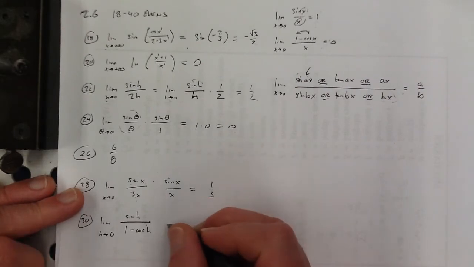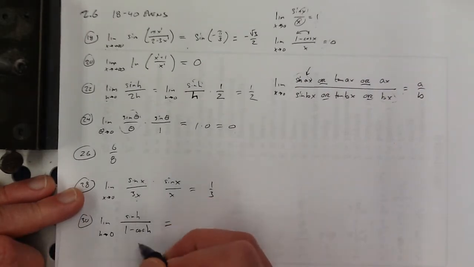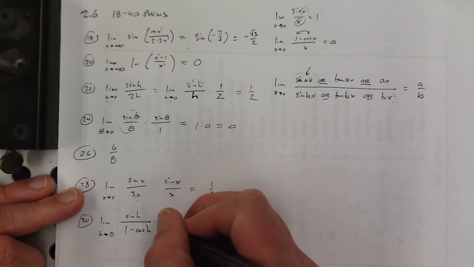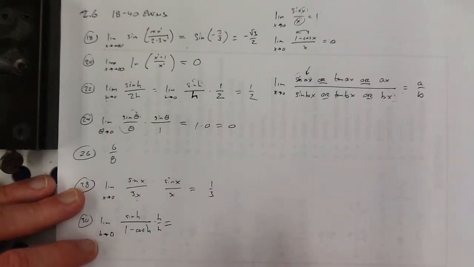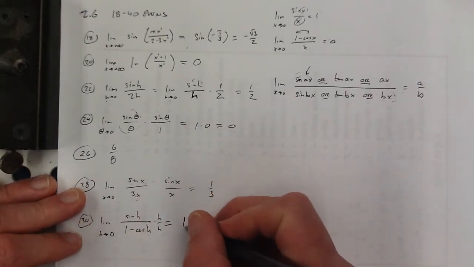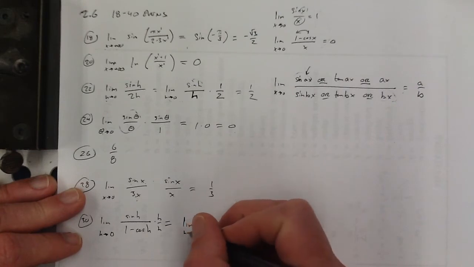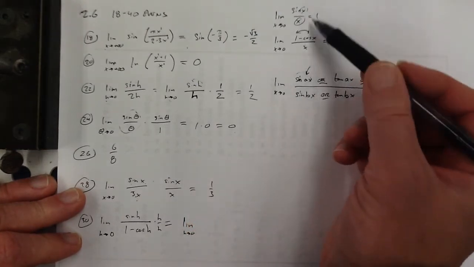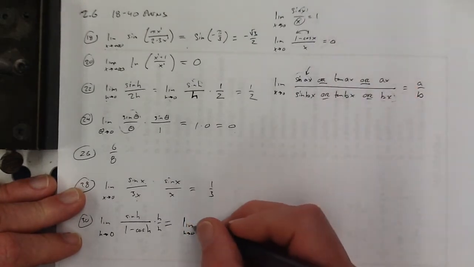Let's try, go ahead. What if we multiplied by h over h, which is legit, right? And then I broke it up, with the goal of trying to get it to match up to these things, which I know about.